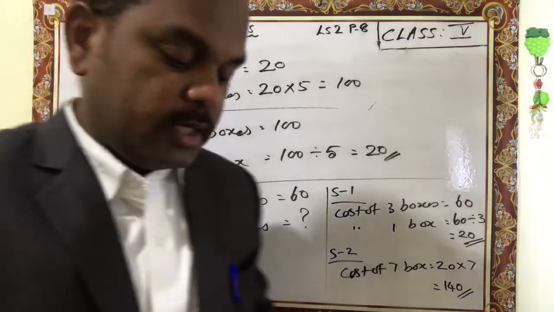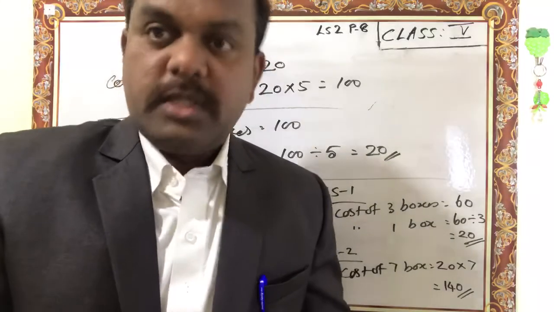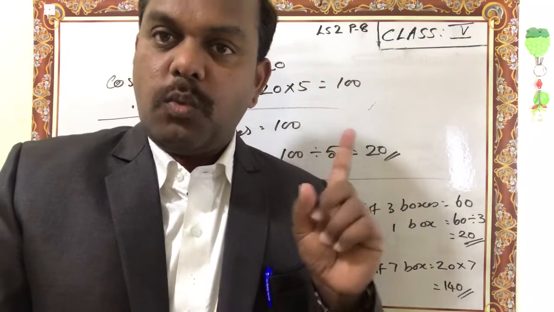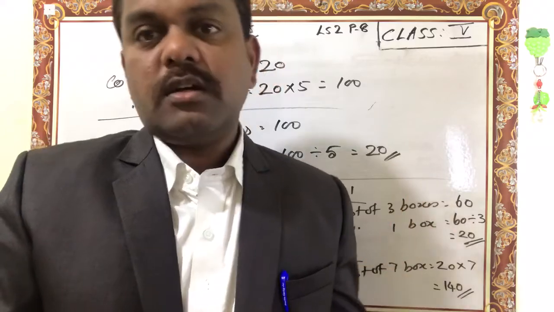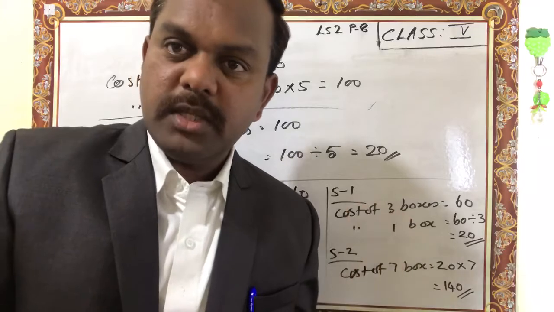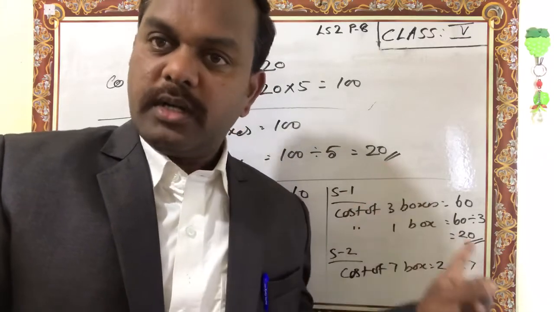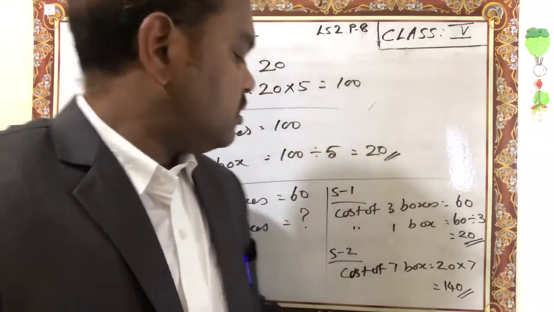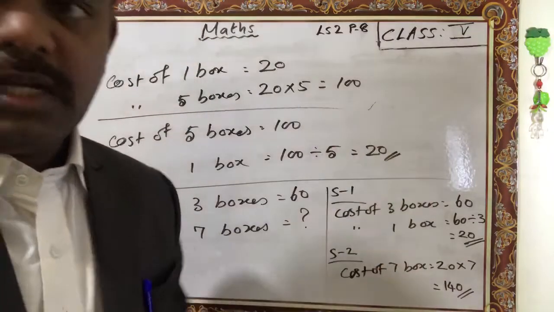So the unitary method means finding the cost of one object by division method, step 1, then finding the cost of more objects by multiplication.